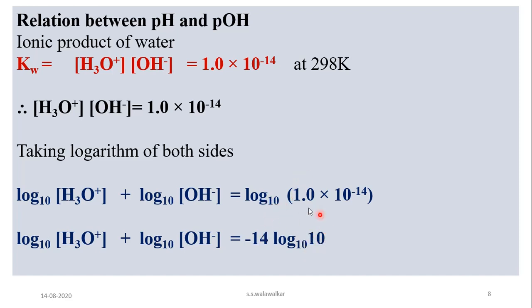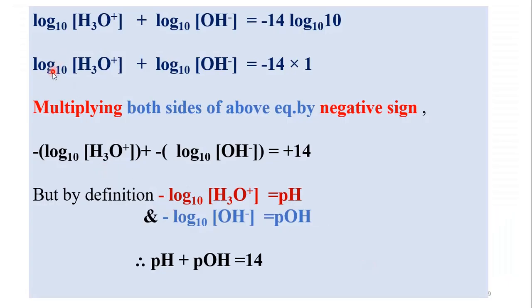Log to the base 10 of 1 is equal to 0. So here it is equal to what? Log to the base 10 of hydrogen ion concentration, that means hydronium ion concentration, plus log to the base 10 of OH ion concentration, that is equal to how much? Minus 14, because log to the base 10 of 10 is equal to 1.